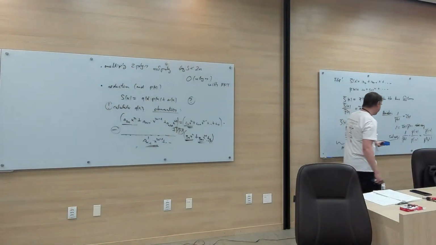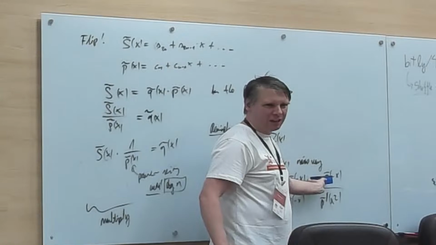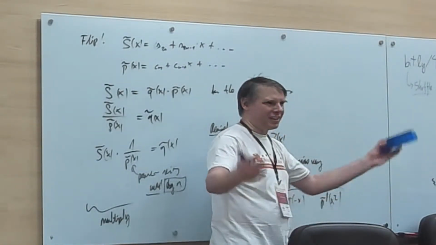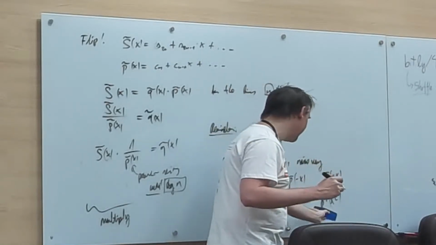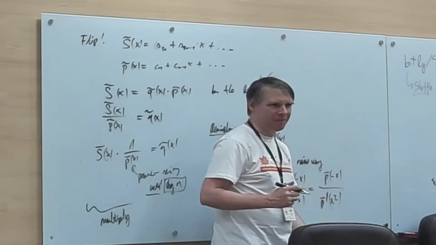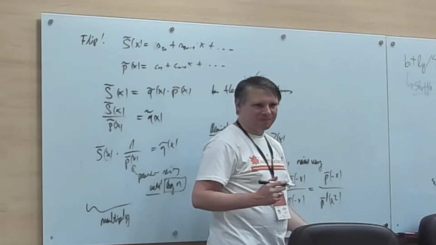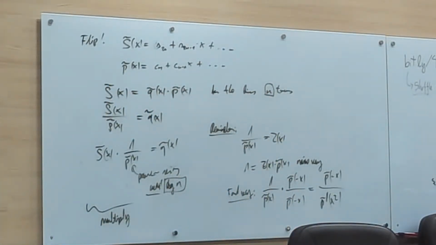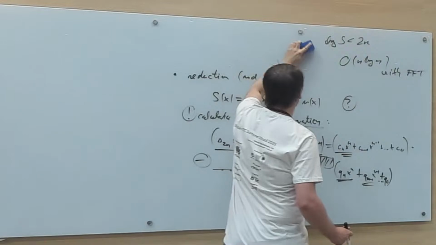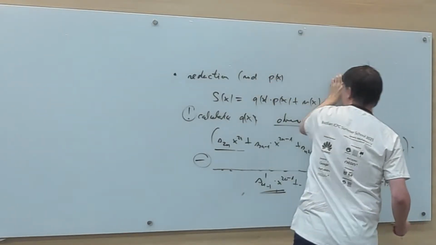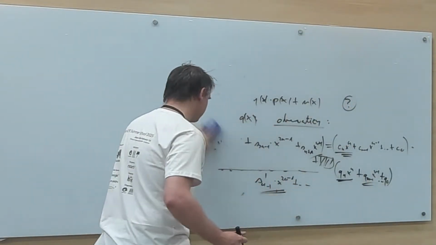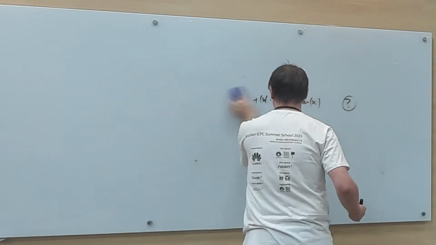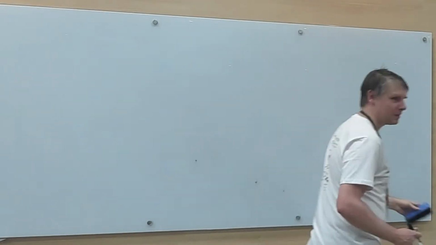Okay, so this is a fast way because we keep this polynomial for later on, and then we divide the degree by 2 and solve it for 1 over P prime. So this is a simple recurrence that gives you the result. Great.